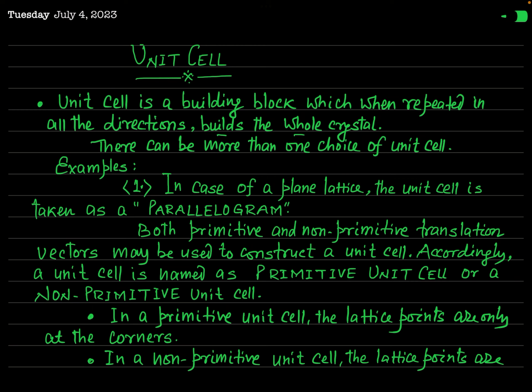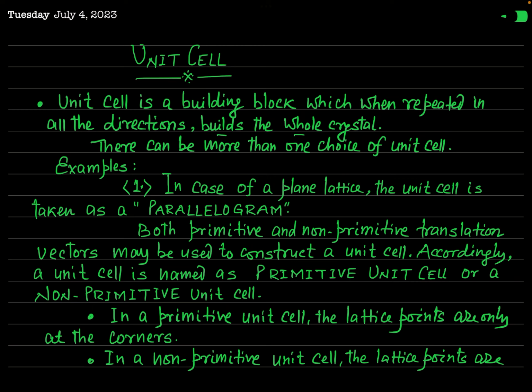So you can say that this unit cell plays just the role of a brick, as the brick plays in the case of a building. So we simply say that a unit cell is a building block, and due to its repetition in all directions in a continuous manner, the whole crystal or whole lattice is constructed.